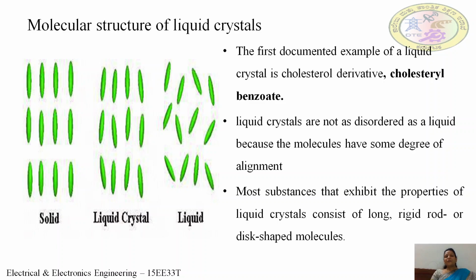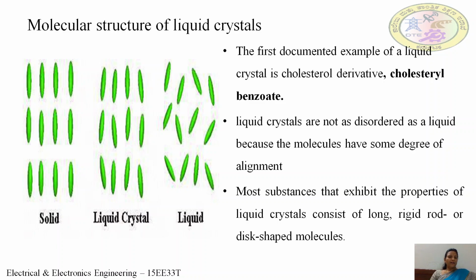Now let us look into the molecular structure of liquid crystals. This molecular structure and the concept of polarization, knowing about these two factors is very important in order to know the constructional details and also the working of liquid crystal display.